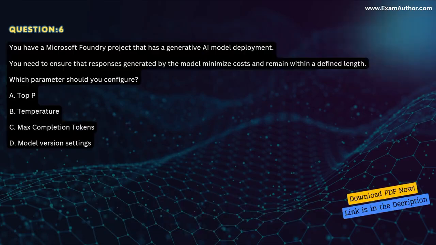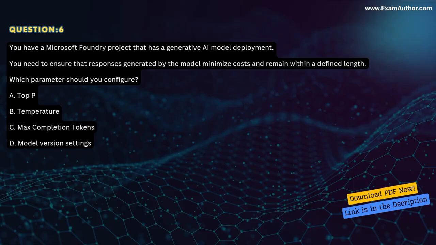Question 6. You have a Microsoft Foundry project that has a generative AI model deployment. You need to ensure that responses generated by the model minimize costs and remain within a defined length. Which parameter should you configure? A. Top P. B. Temperature.